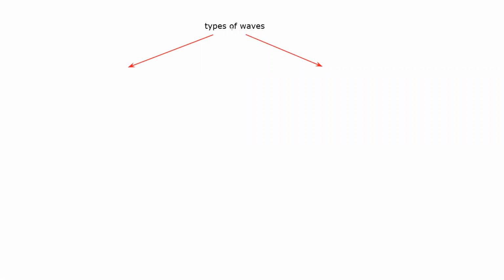This is what we discussed in the last class. So a wave can be transverse or it can be longitudinal. Today we'll discuss the properties of longitudinal and transverse waves.